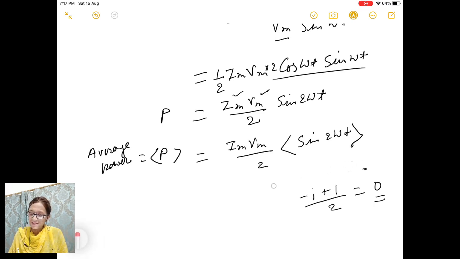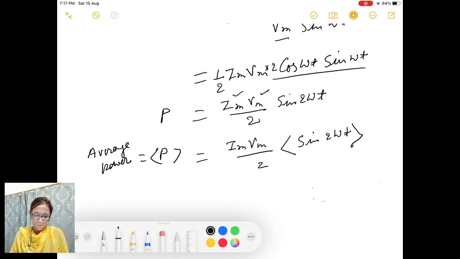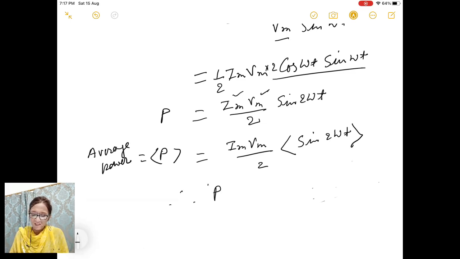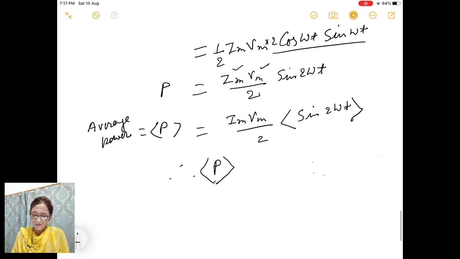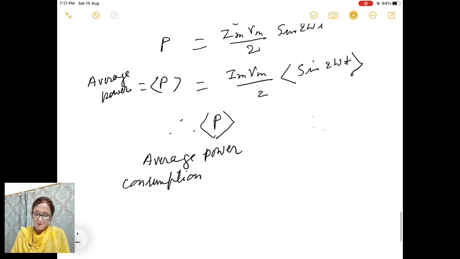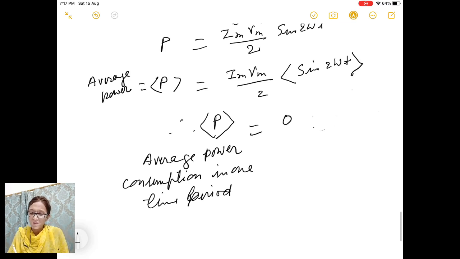Therefore, the average power consumption in a capacitive circuit in one complete time period is equal to 0.